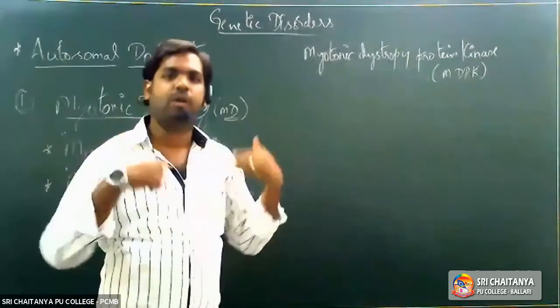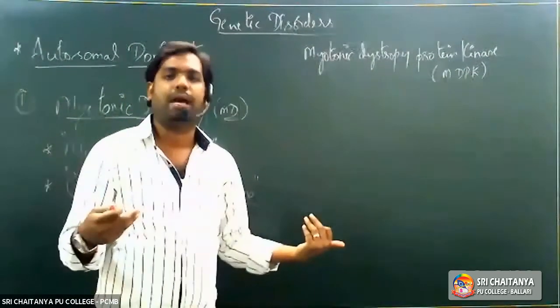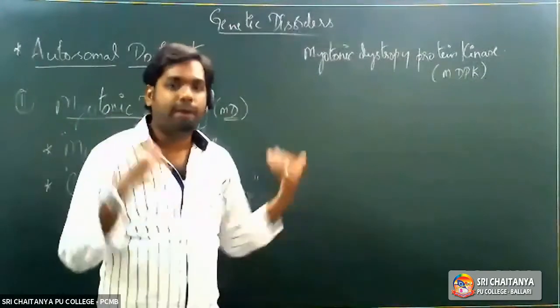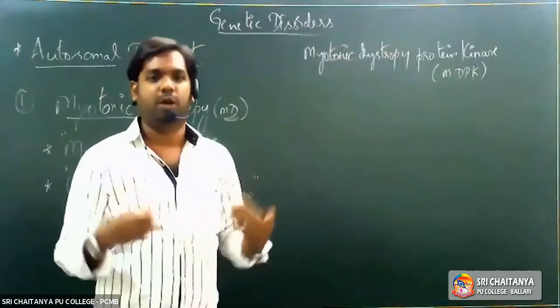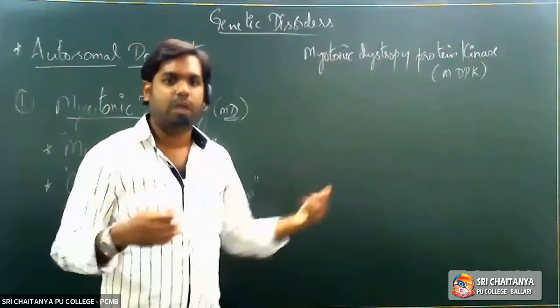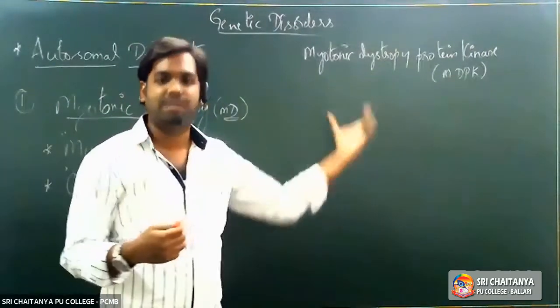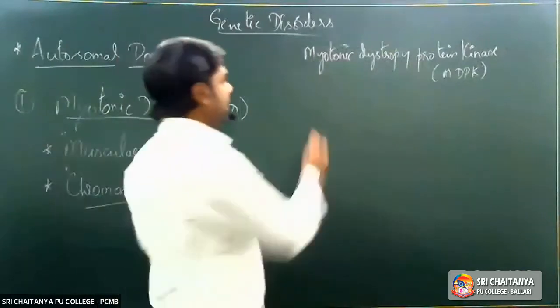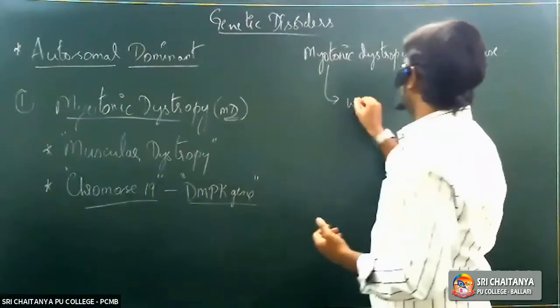If muscles do not undergo relaxation, what would be the condition? Over a period of time, the muscle function will get lost. So there would be loss of muscle function, and at the same time, weakening of the muscles.